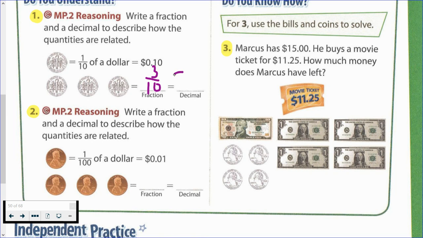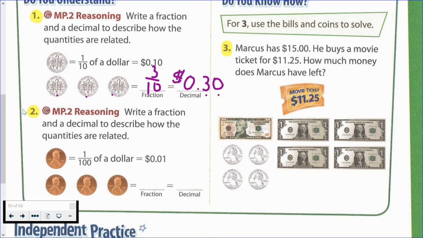We put our dollar symbol first. We have no complete dollars, so we start with a 0 in the ones place. We put our decimal point, and we know this is 10, 20, 30 cents. So we write that we have 30 cents. You can see your 3/10, 0 hundredths. So that is how you would write it, as either a fraction or a decimal.